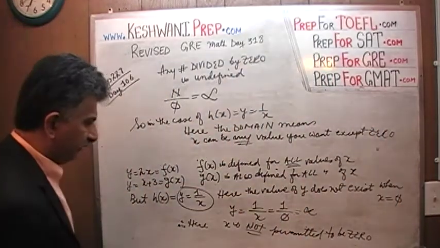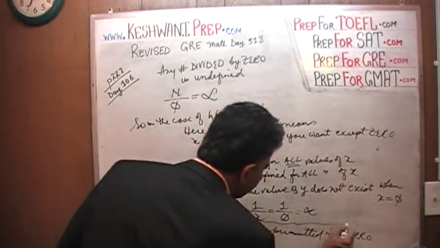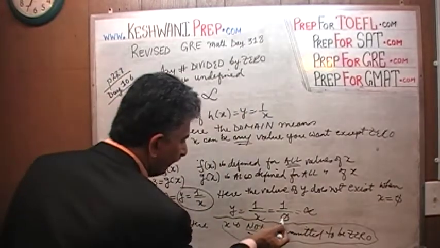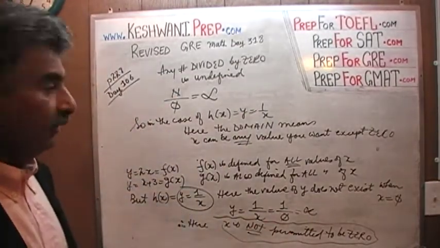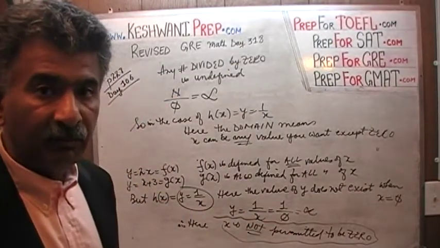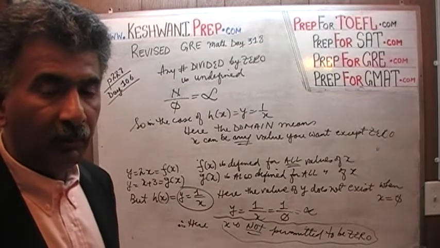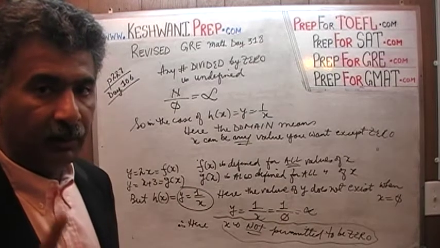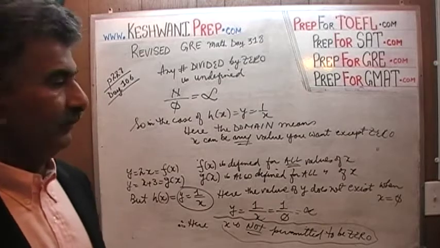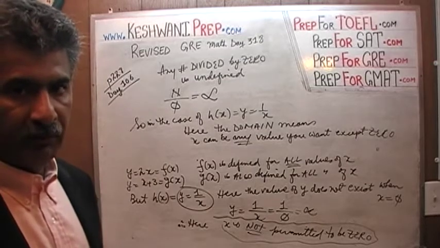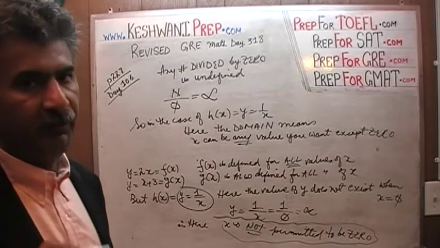X is not allowed to be 0, because when x is 0, this whole thing becomes undefined. So the domain of this function is all real numbers except x equals 0. That's how we say it.